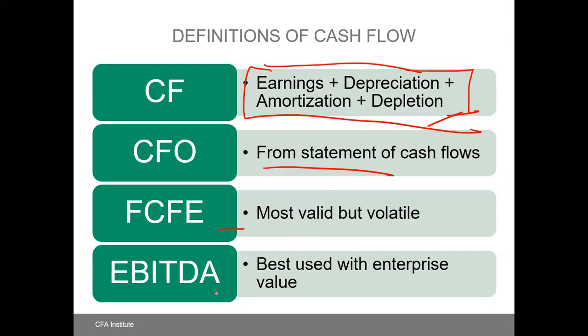And another definition is EBITDA, but here what we have added is the depletion term. But out of all of this, which one is more consistent? Which one is more reliable? So let's try to discuss this part.